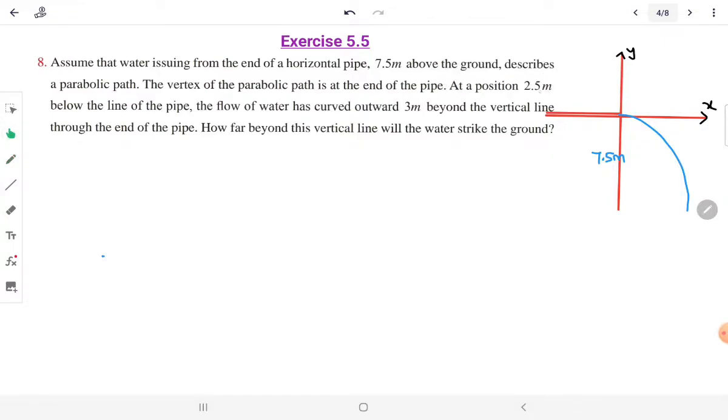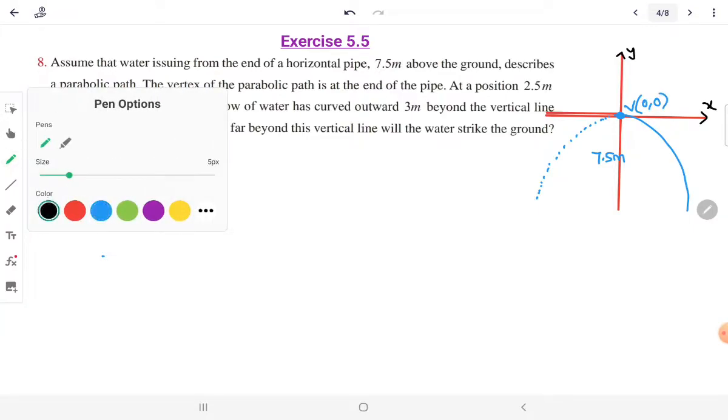If you take the other direction, you will get it like this. Now the vertex of the parabolic path is the end of the pipe. Since we consider this the pipe, at the end of the pipe is the vertex. So consider this the vertex (0, 0).